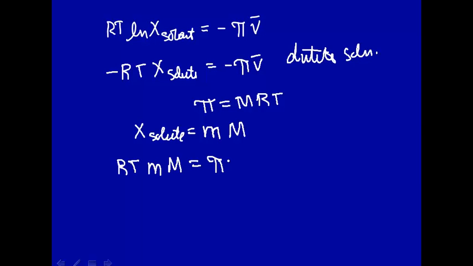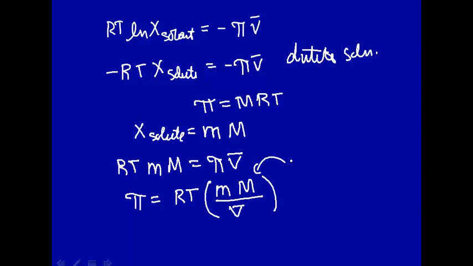That's equal to pi times the partial molar volume. Let's isolate pi. So pi will be equal to RT times M, the molality, times the molar mass divided by the molar volume.